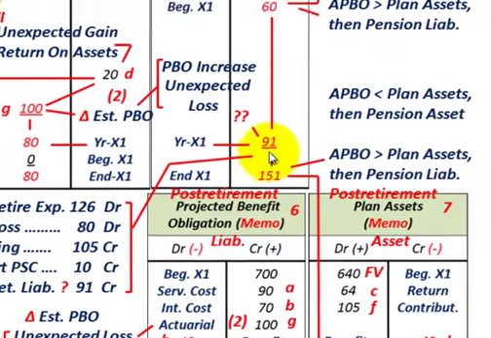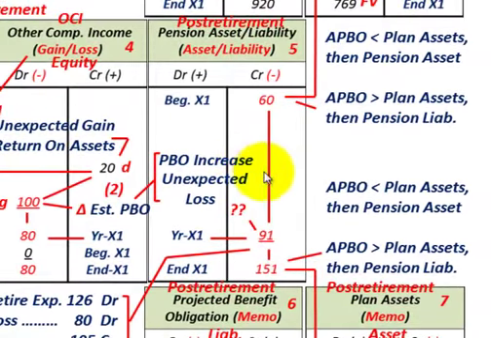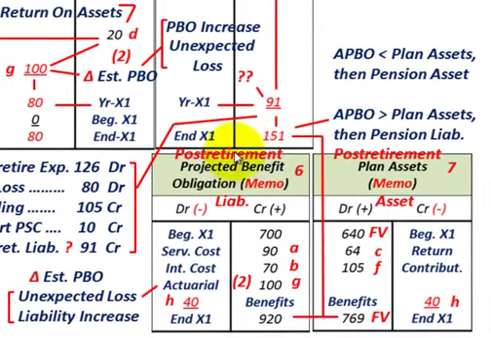Okay, so we've taken care of determining whether or not we had an asset or a liability for the year. This $91,000 is the amount we're going to use for our journal entries. Let's go back down to the projected benefit obligation, just to go through it again and understand where we got this actuarial change. This was just an estimate where we determined we had to add another $100,000 to the post-retirement benefit obligation.